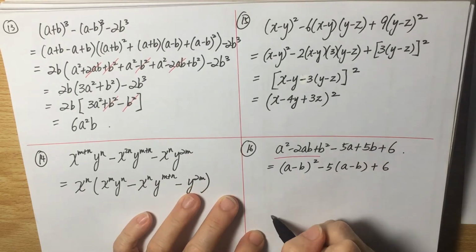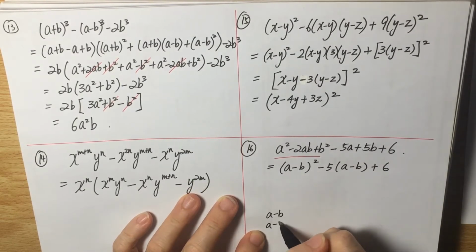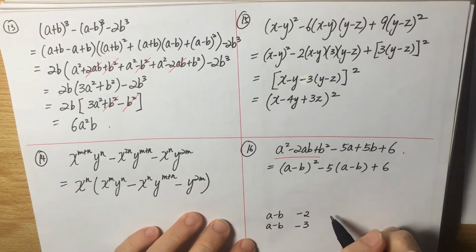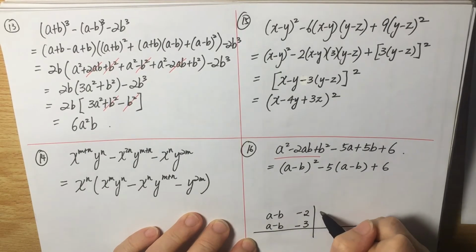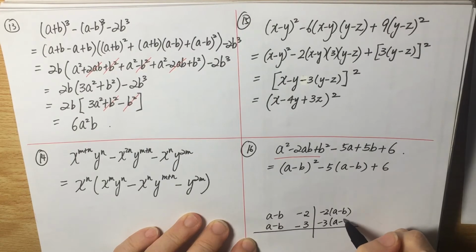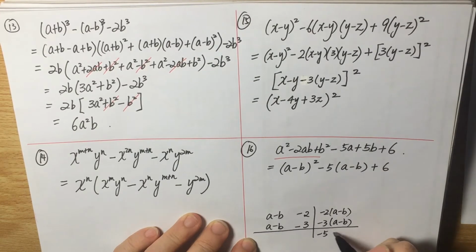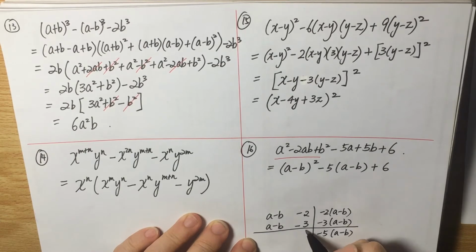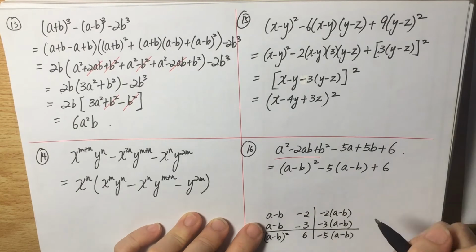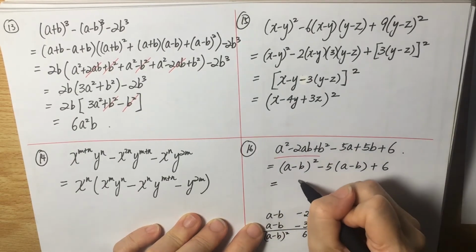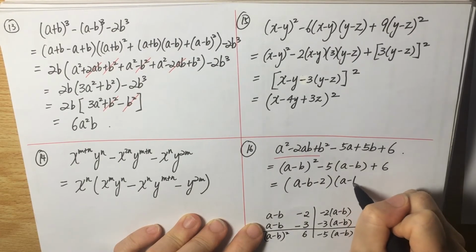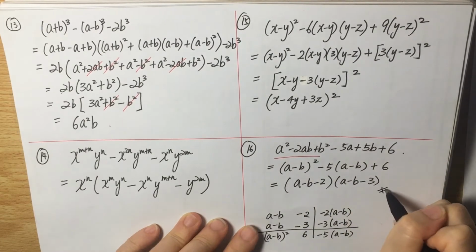So use the cross method, a minus b, 2 and 3, negative, negative, so that when I multiply them, I get negative 2 a minus b and negative 3 a minus b. Together is negative 5 a minus b. This is 6, this is a minus b square. So using this cross method, I can actually say it is a minus b minus 2 times a minus b minus 3, and that is the answer.